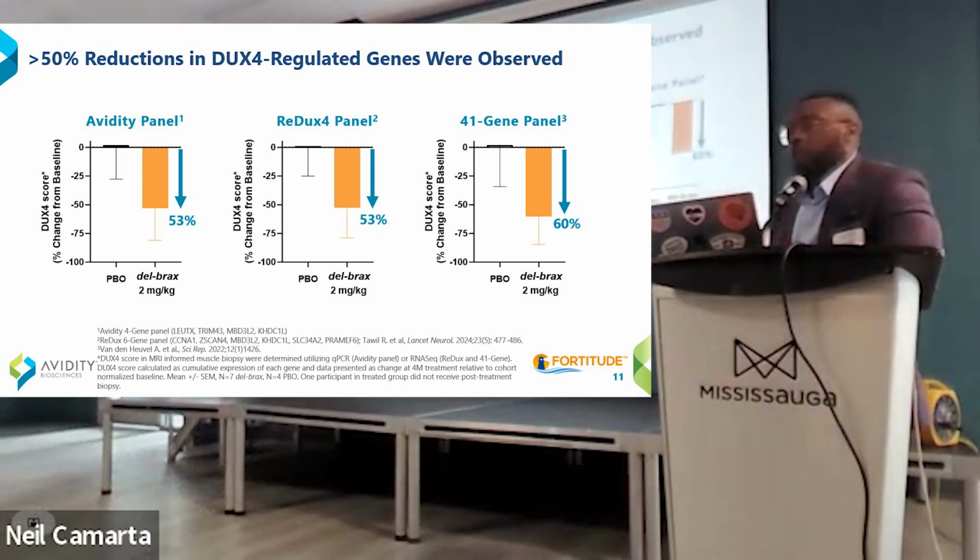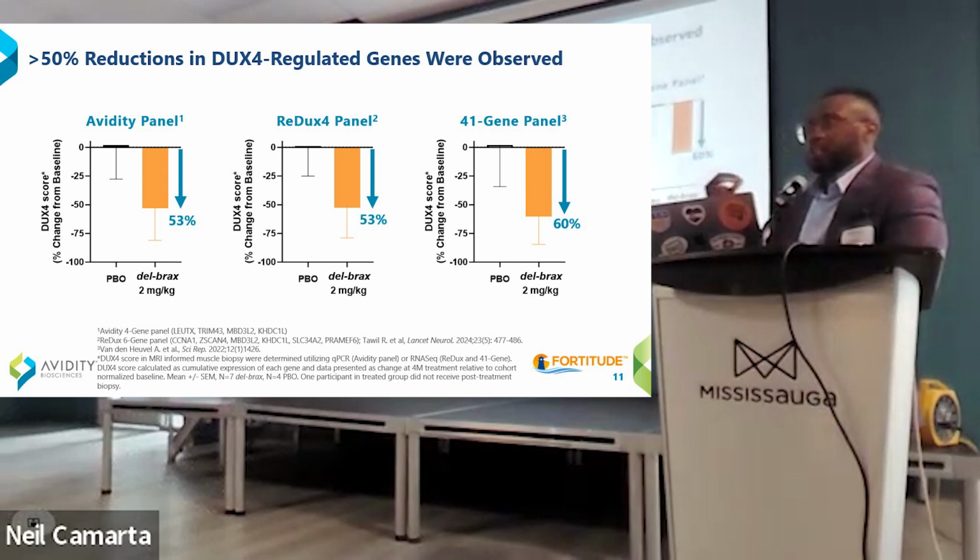We also heard in the morning that measuring DUX4 is very tricky because the expression is very variable. So what we did was look at some genes that are regulated by DUX4 that we can measure. The ReDUX4 panel as well as the 41 gene panel are established panels of genes that we know are regulated by DUX4. As a company, we are also developing a panel in-house, also looking at the regulation of DUX4.